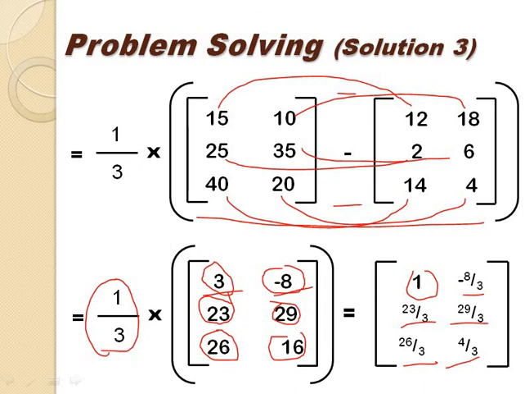That means simply we will be dividing each and every element by 3. So we have got the result. This one is the required result. We can further write it in mixed fraction format. You can see these are improper fractions, so you can write them as mixed fractions also.